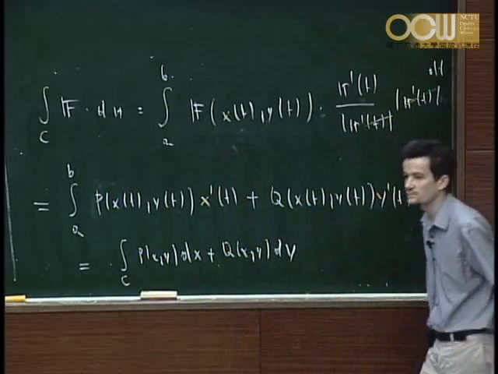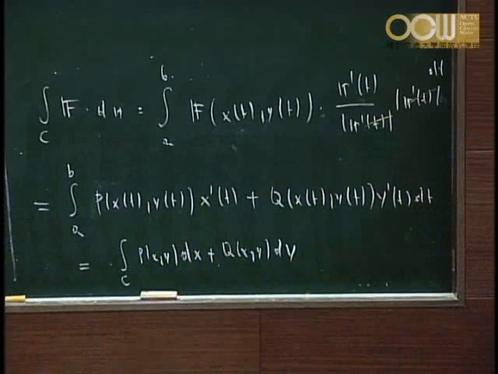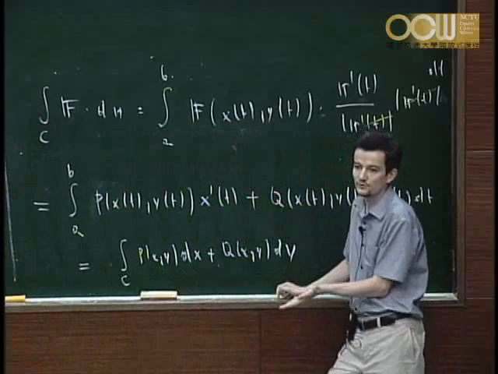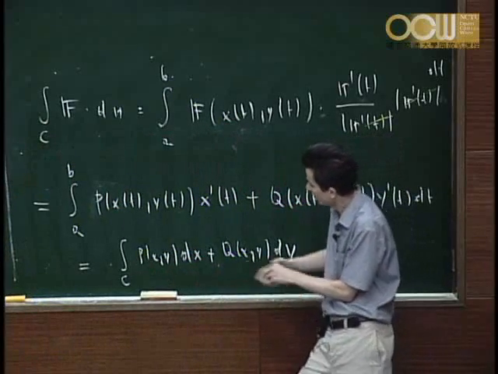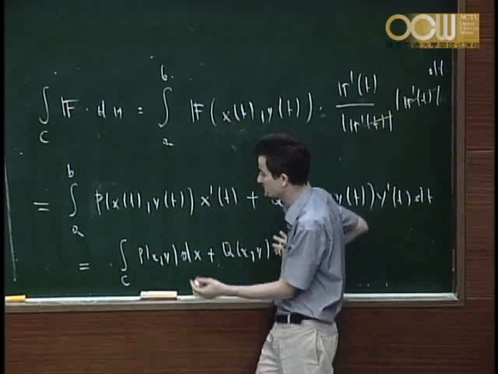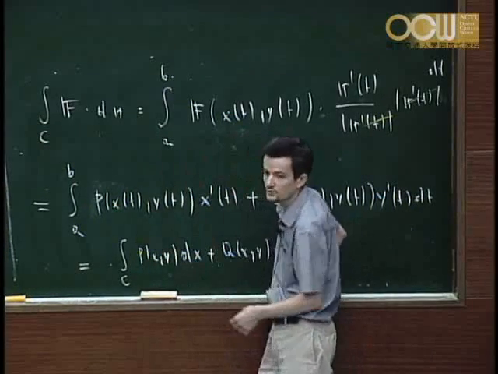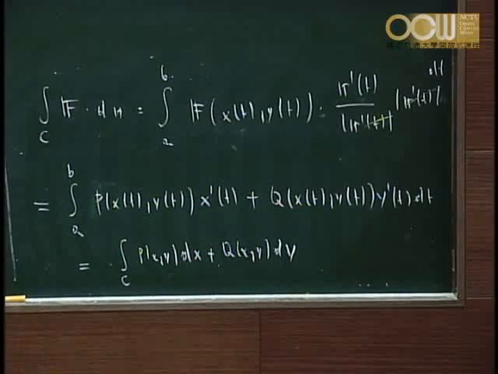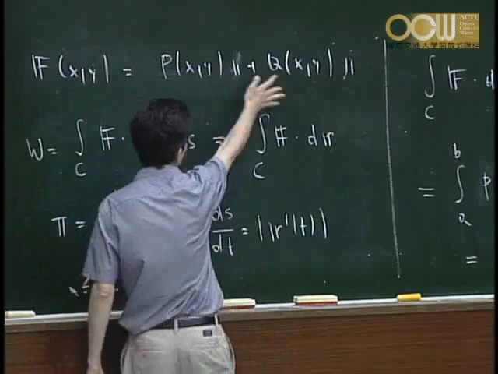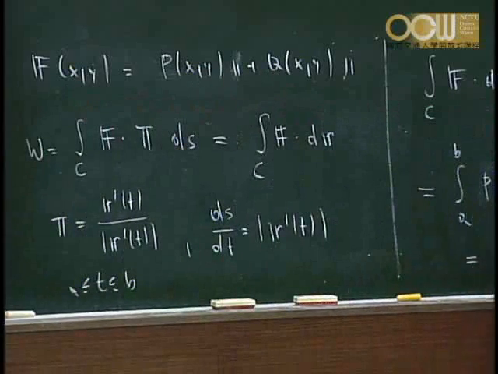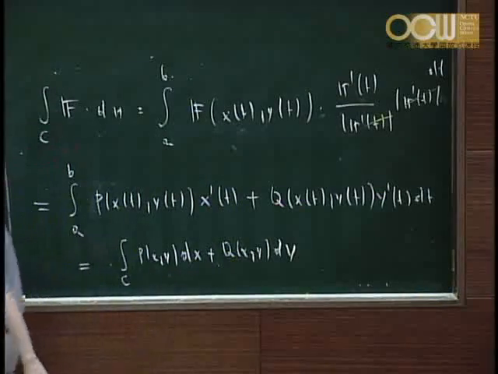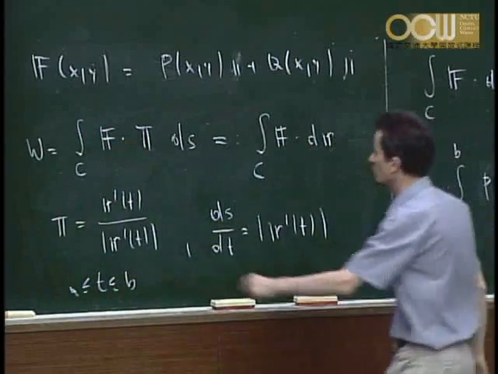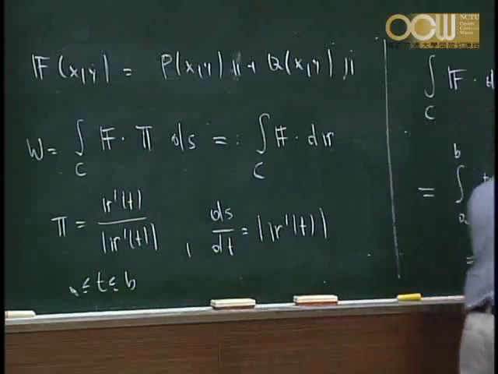So this gives us the relationship between the line integral of a vector field and this object which we have defined and which up to now didn't make any sense. I first defined this object without giving any motivation, then this object, and then this new object. But here we see the motivation coming from physics, namely if you have a given force field and you know the component functions, and you want to compute the work done by this force field in moving a particle along the curve C, then what you have to compute is this line integral here.